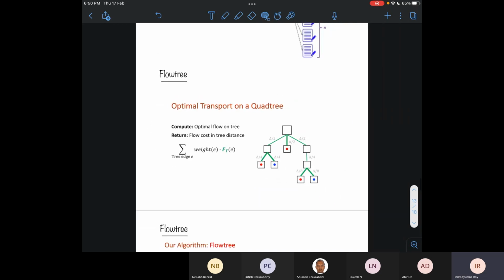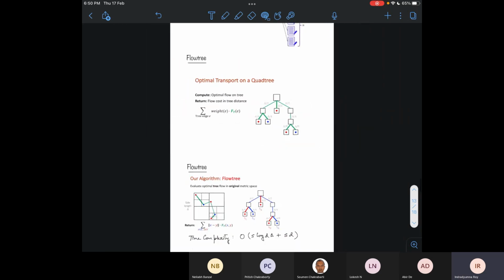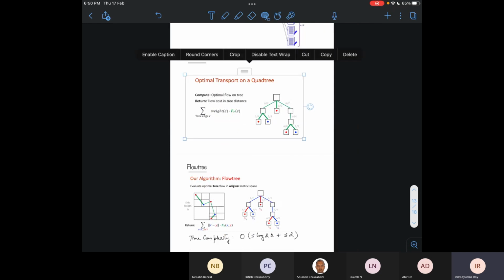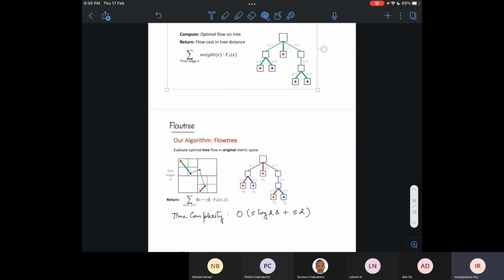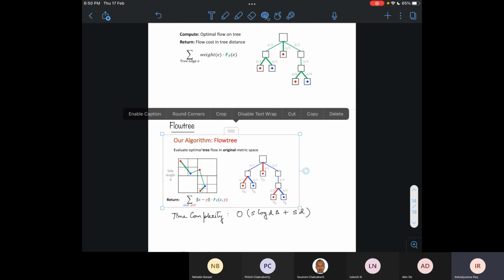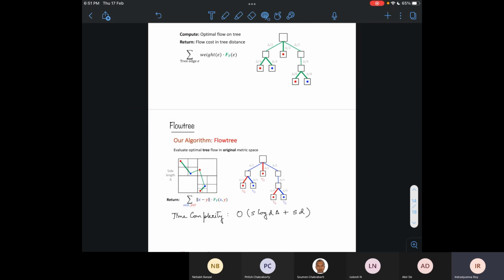So this is a recap of the quadtree. In quadtree, you remember we computed the flow in green, and then multiplied it with the edge weights to get the cost in the tree metric space. What flow tree instead does is it gets the same flow, but then it computes the distance in the original underlying metric space, not in the tree metric.